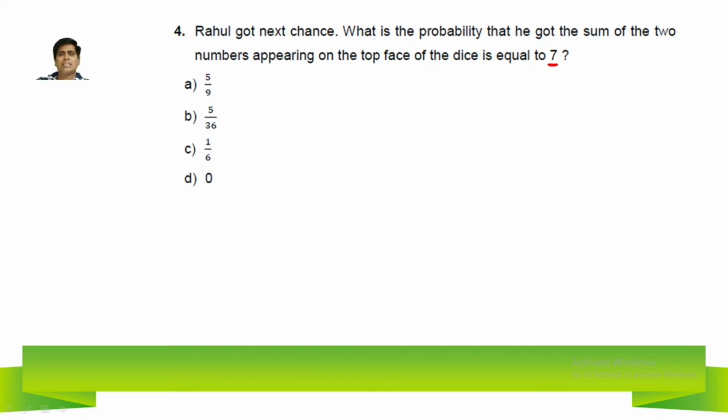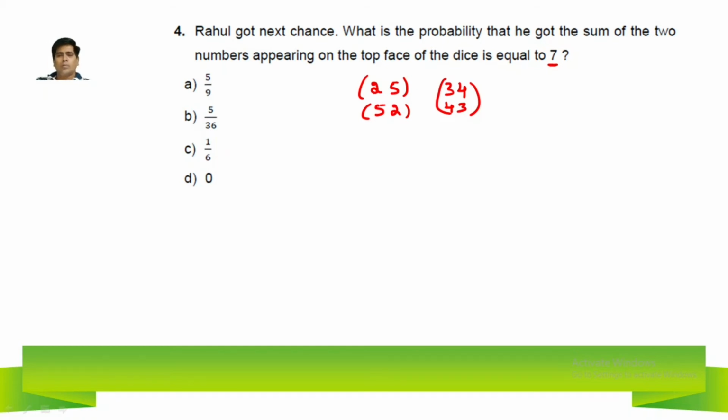So how will we get 7? Suppose I throw a 5-2 combination, I will get 7. This is one way. The 3-4 combination and 4-3 combination is another way.